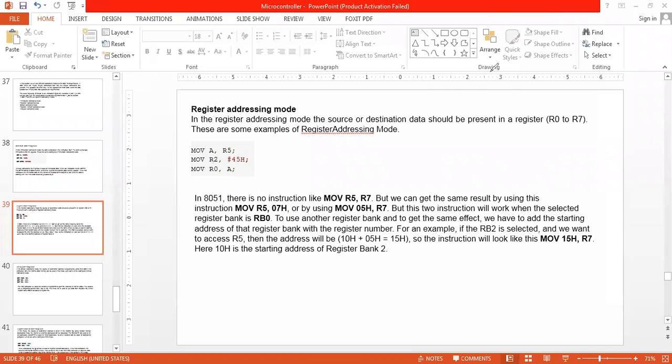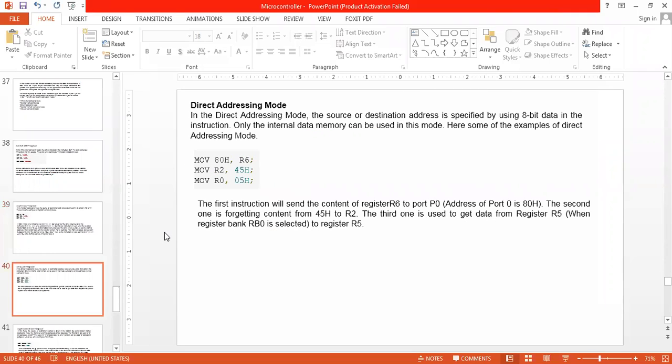Then we'll go for the next addressing mode, direct addressing mode. As I told you now, in the direct addressing mode, one of the operands, either the source or the destination, should be a direct address, a memory location, and that memory location can be any address from the RAM.